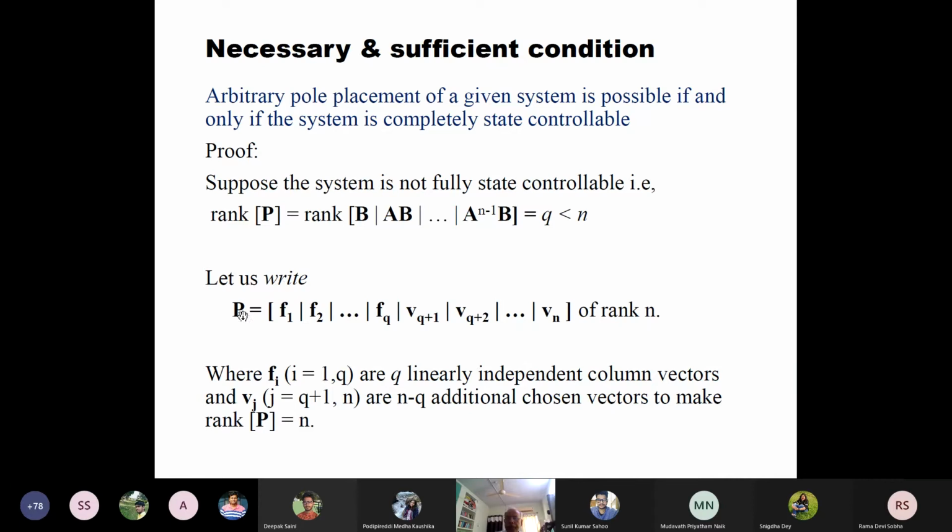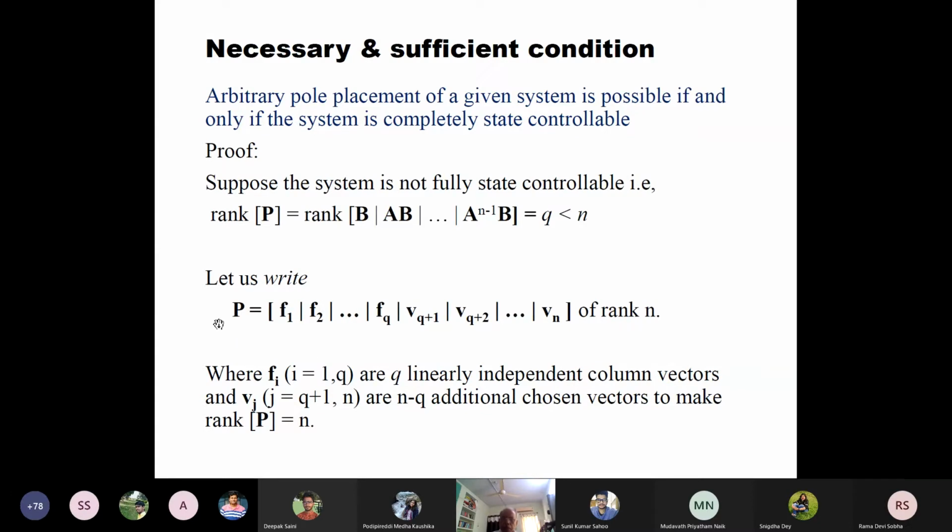Now we write the column vectors. If I decompose P, then P has rank q, which means you have q linearly independent column vectors, which we write as f1, f2, to fq.